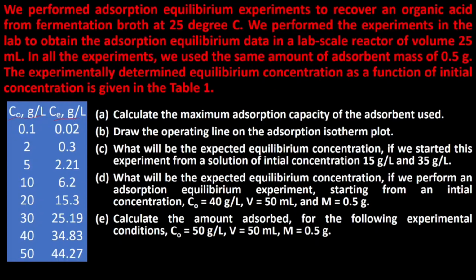Keep an eye on the conditions: the temperature is 25 degrees centigrade, the volume is 25 milliliters, and the adsorbent mass M is 0.5 grams. Then we have our initial concentration, and the experimentally determined equilibrium concentration, CE.